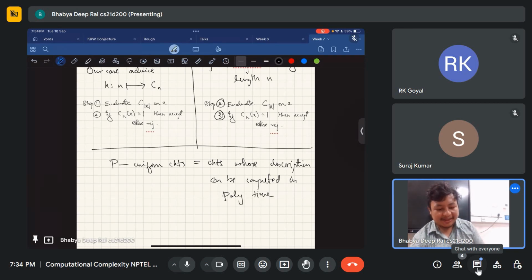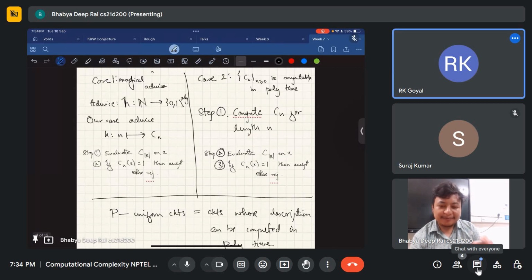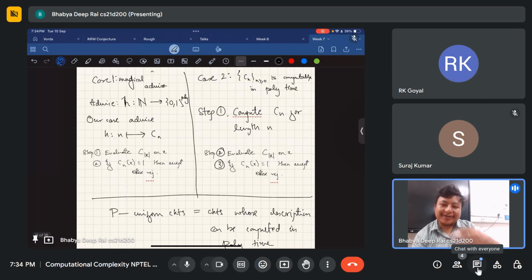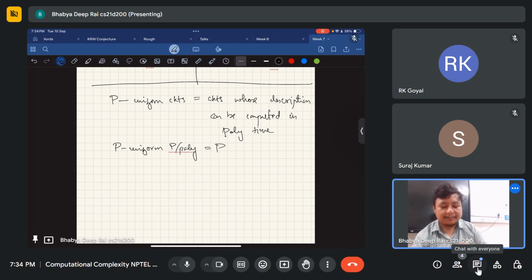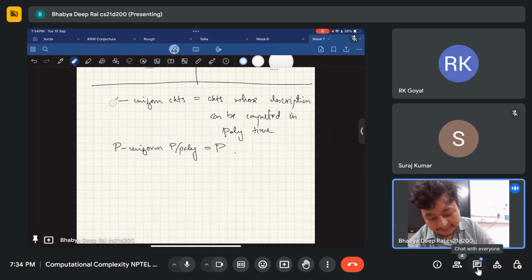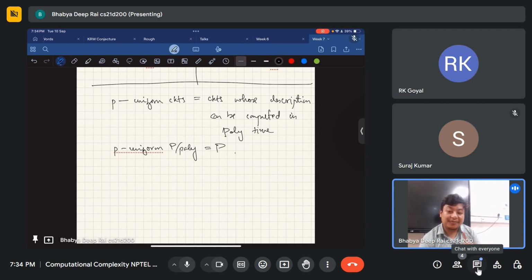And now this case 2 actually captures simulating via a P algorithm. So P uniform P slash poly is equal to P. So it's actually small p. P uniform P slash poly is equal to P. It's not true that P slash poly is equal to P, but P uniform P slash poly is equal to P.